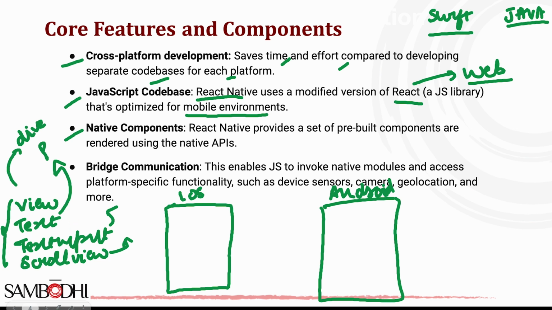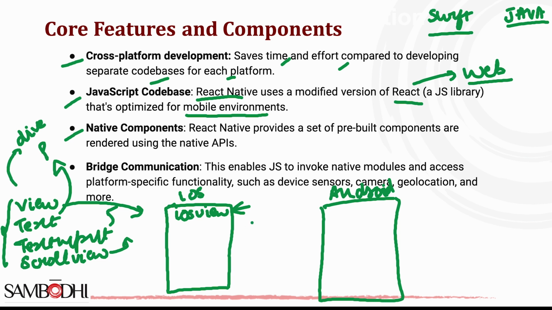Now these core components, when we load them onto the screen, go to the native side and check what corresponding component is available for them to be loaded. On the iOS side, suppose there is a component iOS View. There is not such a component available in iOS, I'm just taking an example.